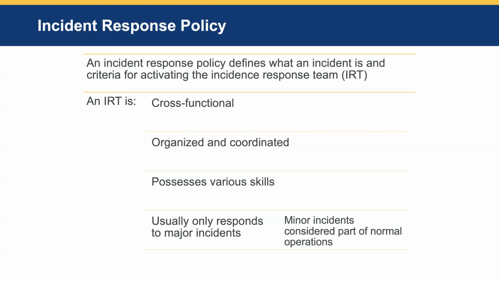You also want to keep in mind that the incident response team usually only responds to major incidents. If a minor incident occurs, it's considered part of the organization's normal operation. With this in mind, it's important that we have an incident response policy that is clear and concise.